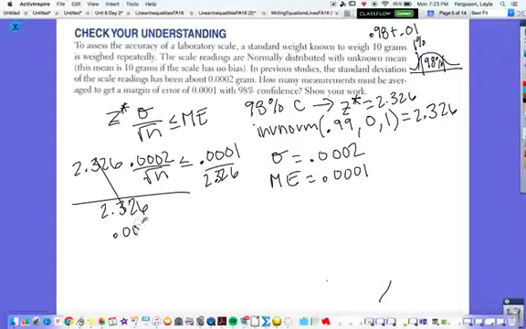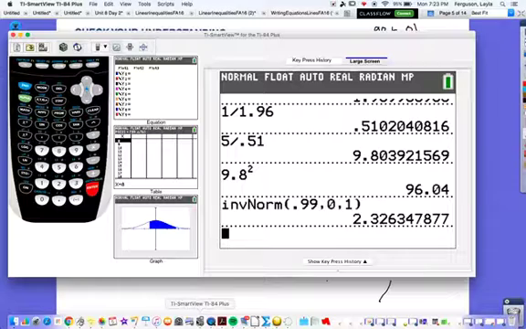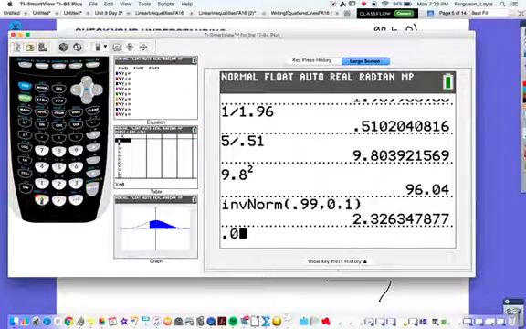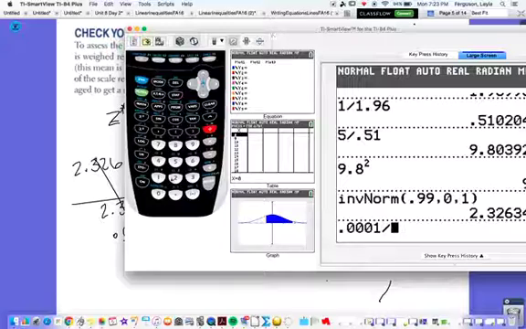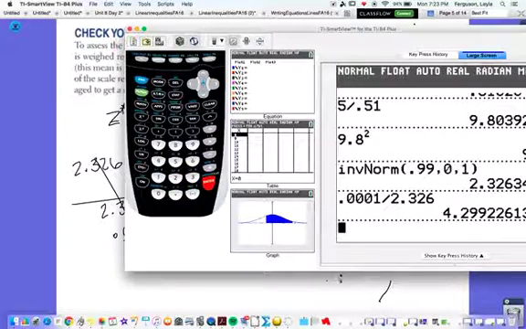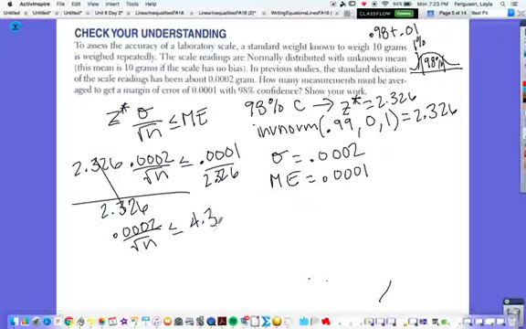I'm going to get 0.0002 over the square root of n less than or equal to, on my calculator, 0.0001 divided by 2.326 gives me 4.299. Let's go ahead and round that up to 4.3. Multiply both sides by the square root of n so that I can get rid of the fraction. So I get 0.0002 less than or equal to 4.3 times the square root of n.